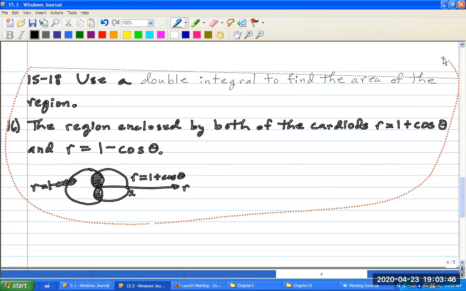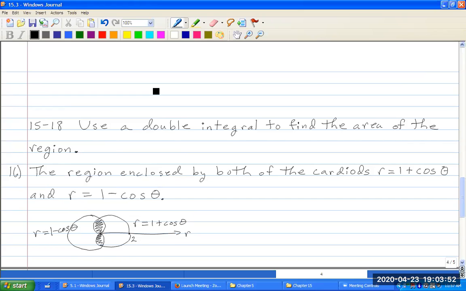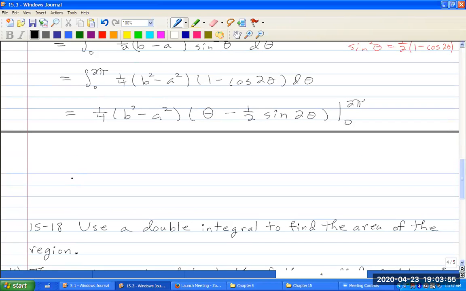Just probably only need like 1 or 2 more lines. Yeah, let's go for 2 lines. So this is equal to, plug in 2 pi, so this is 1/4 times 2 pi, b squared minus a squared. Sine of 4 pi is 0. Plug in 0, that's 0, sine is 0. And so I get pi over 2 times b squared minus a squared. And that is your answer.